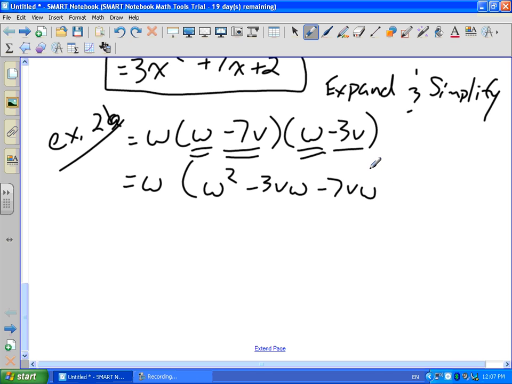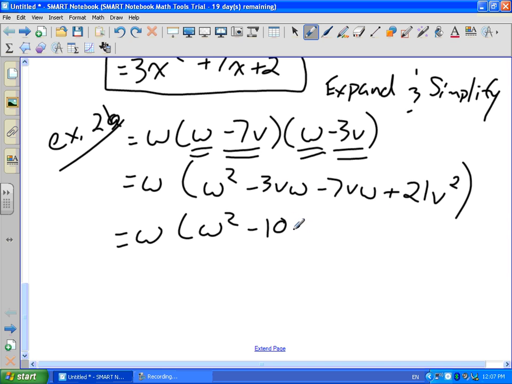And last terms, negative 7 times negative 3 is positive 21v squared. Now that I have that, I'm going to simplify the bracket. Negative 3vw minus 7vw is negative 10vw.